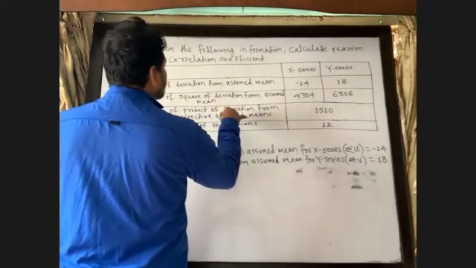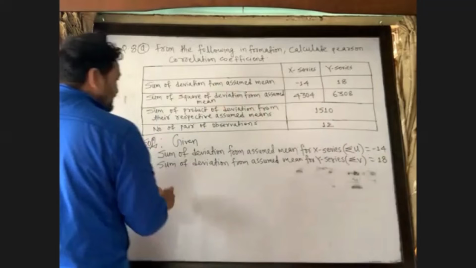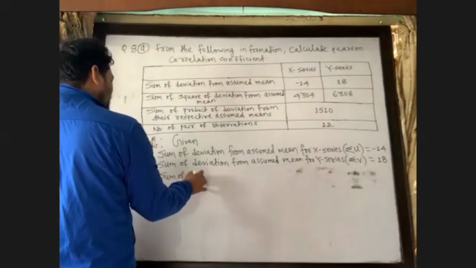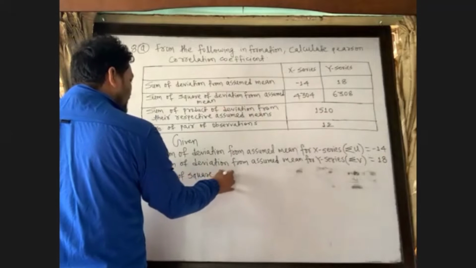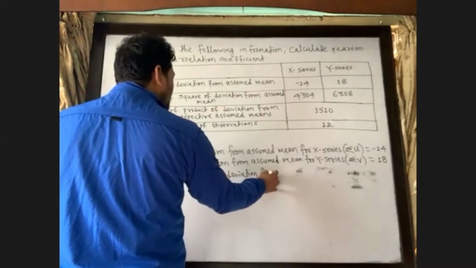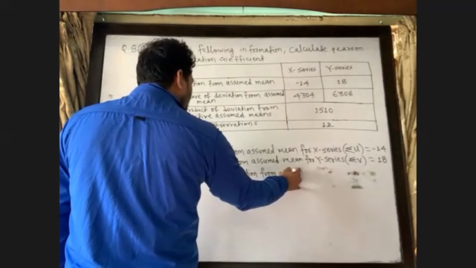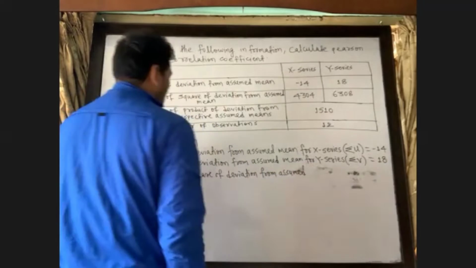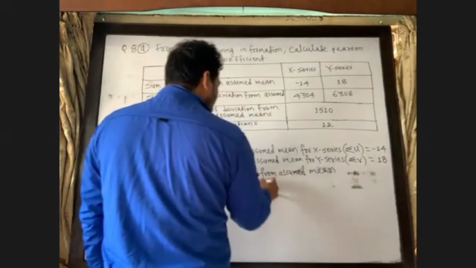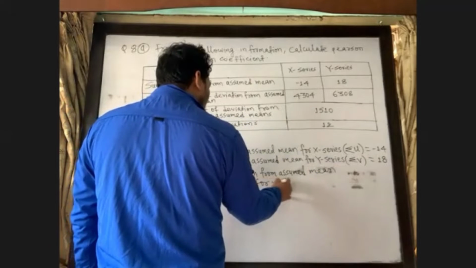Now sum of square of deviation from assumed mean for X series.